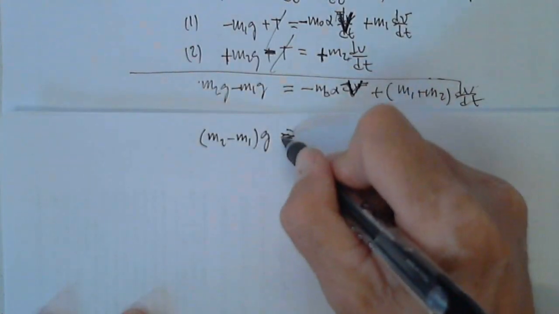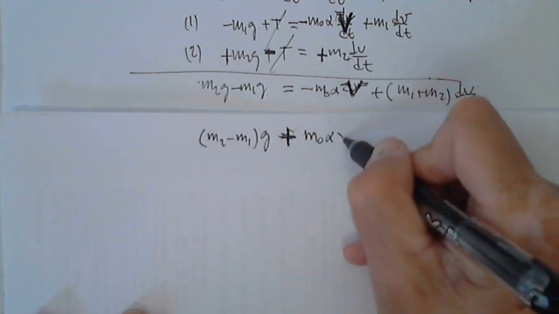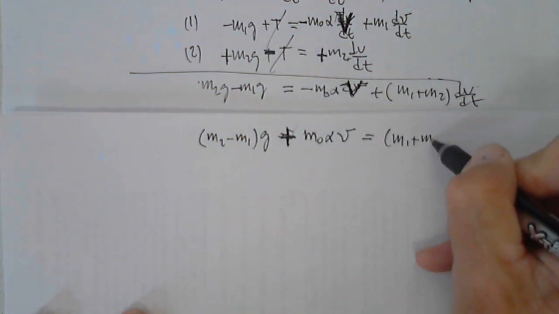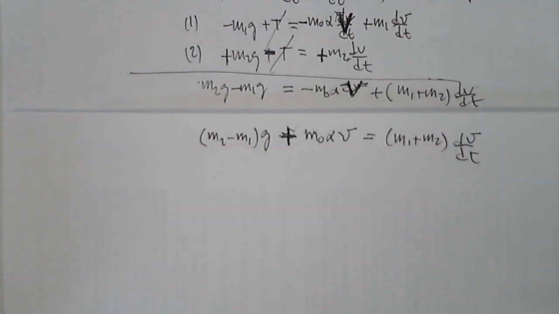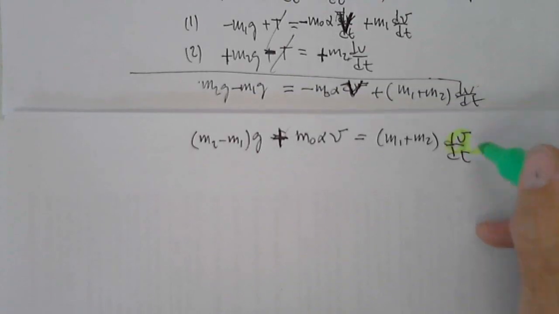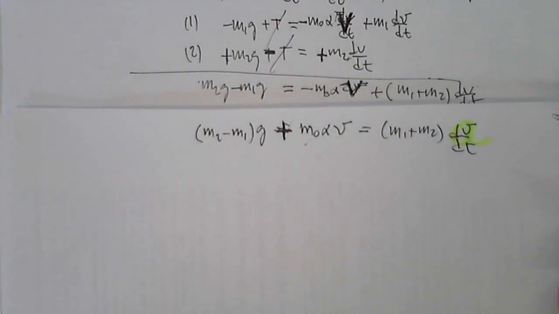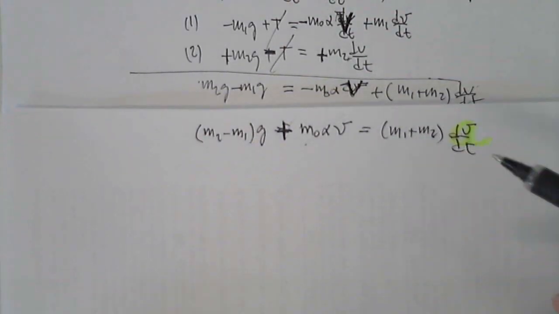This term I'm going to put to the right hand side. So this is the acceleration of the object, and as you see, if alpha is 0, I get the Atwood machine case. That is the difference of the masses divided by the sum of the masses.